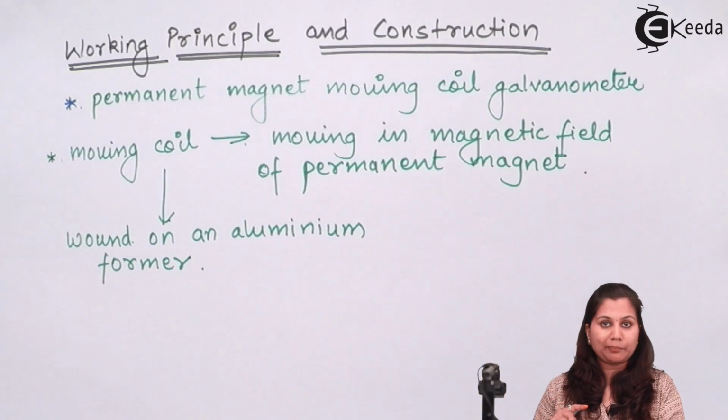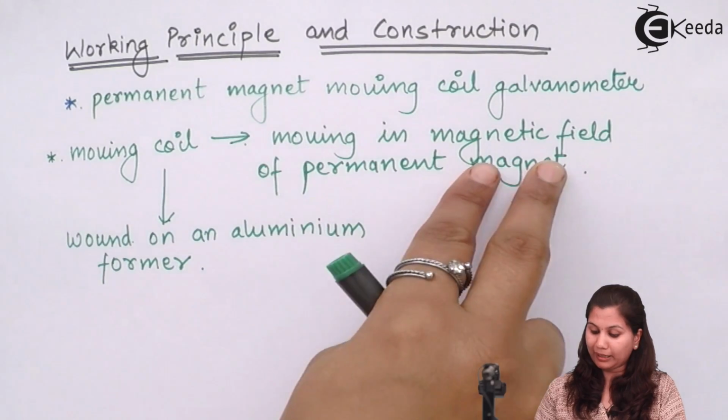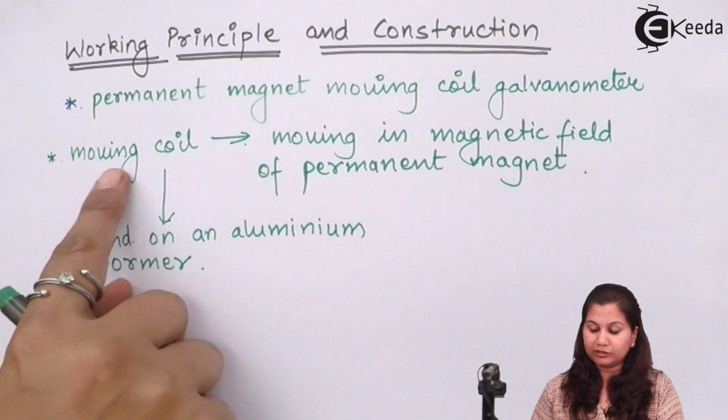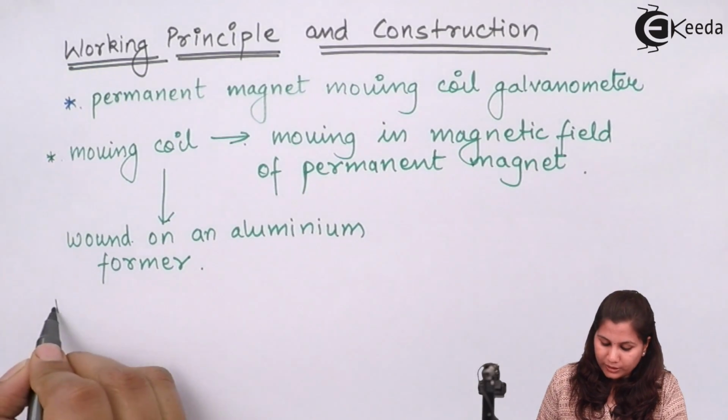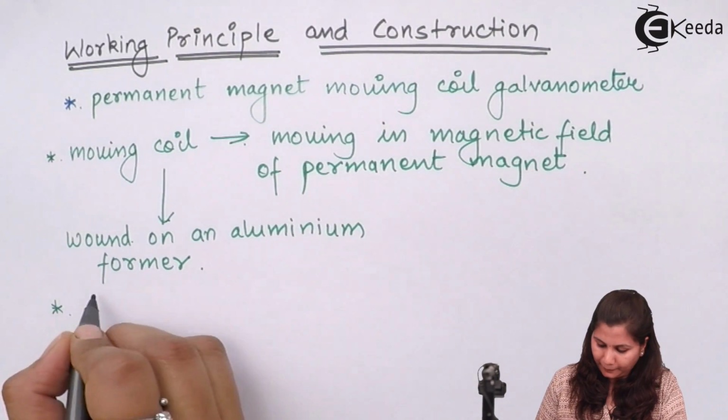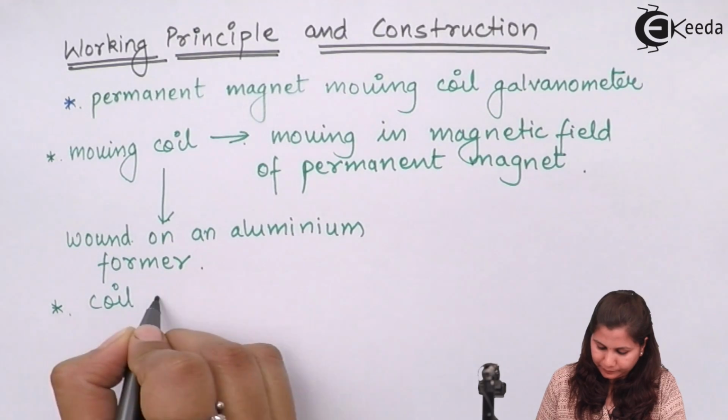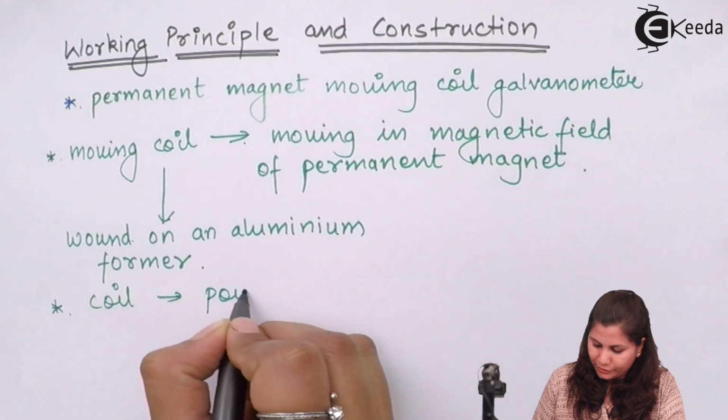Now when current is passing through the coil, the coil is rotated in the magnetic field. To this coil a pointer is attached.